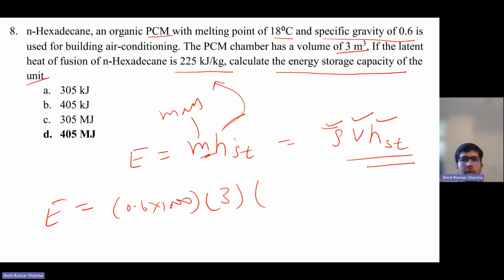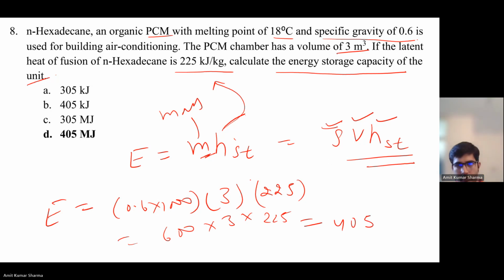Volume V is 3 meter cube, and enthalpy is 225. It will be 600 into 3 into 225, or it will come out 405,000 kilojoule, or you can write 405 megajoule.